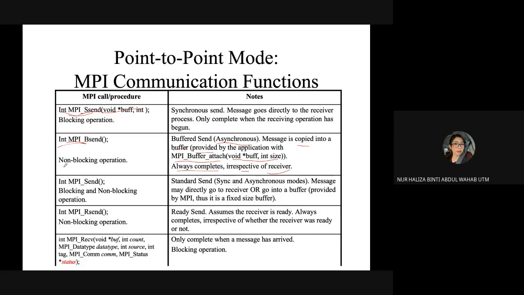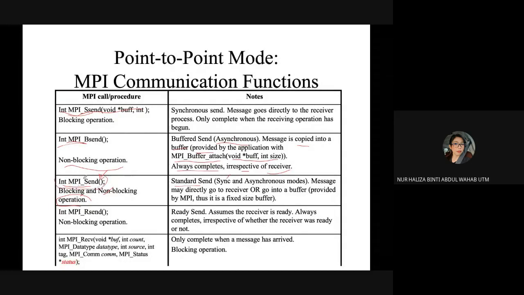So it is a non-blocking operation. While there is another one, MPI send. This is blocking and non-blocking operation. See, you have both in one. Standard send, which is synchronized and unsynchronized. You can have both, whether it is synchronized or unsynchronized, or blocking and non-blocking.